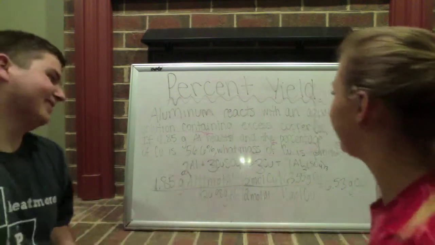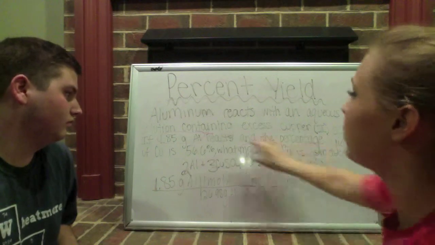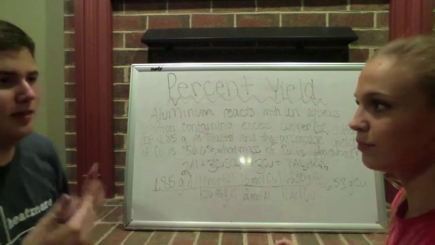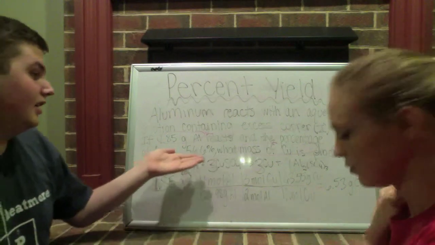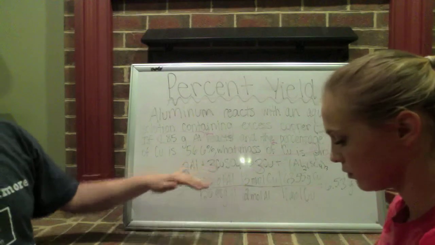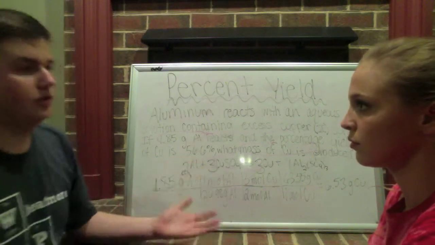Now you have your grams of copper, but it says that your percent yield of copper is only 56.6%. Which basically means that this is what you should get, but due to whatever reason, if this was in lab, you're only going to get 56.6% of what you should get.